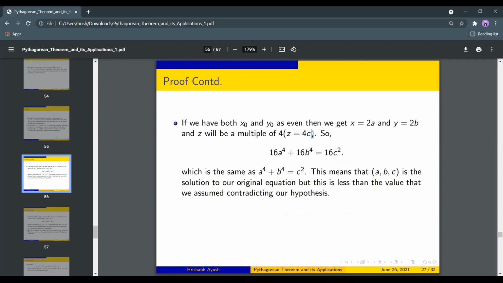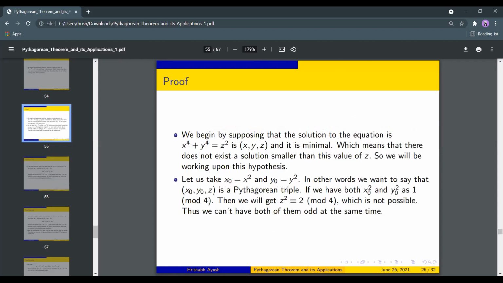Yes, because z square is x square plus y square. You could see it from here. That was n square congruent to 0 mod 4. So it has to be a multiple of 4.